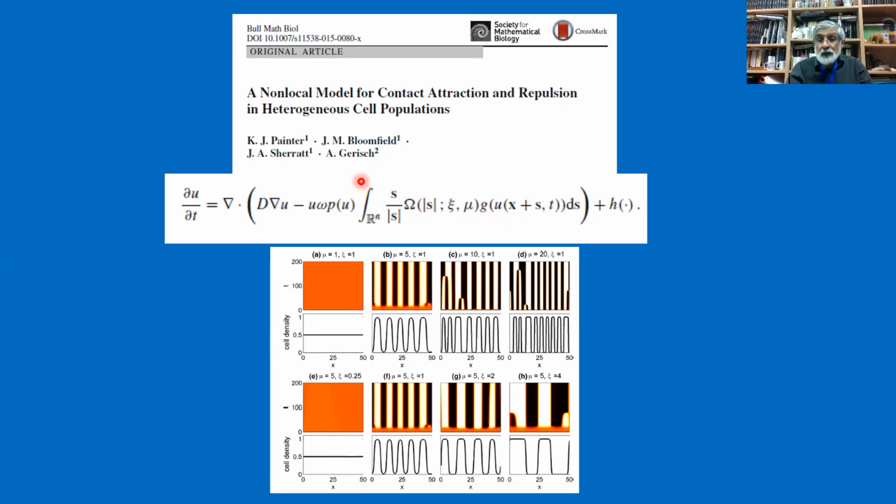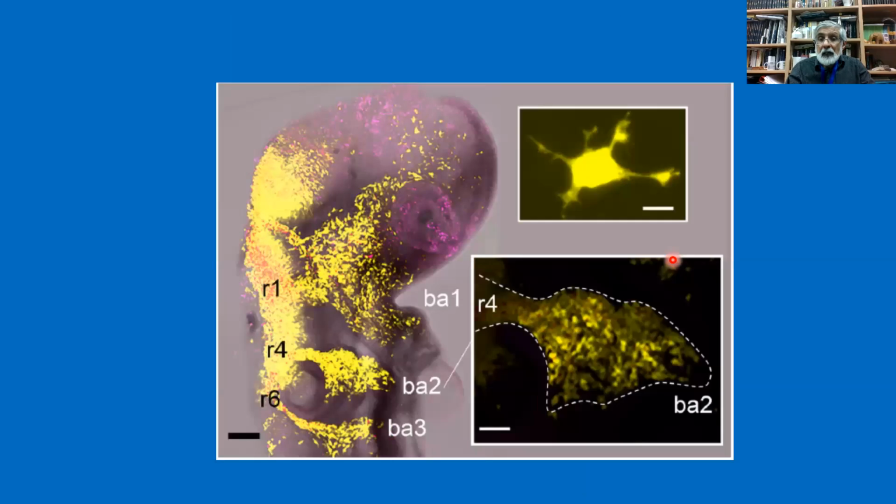And what they found is that, so this is time, this is space, and then you could get these patterns to form in one dimension, as well as getting the sort of movement that's observed in the Xenopus.